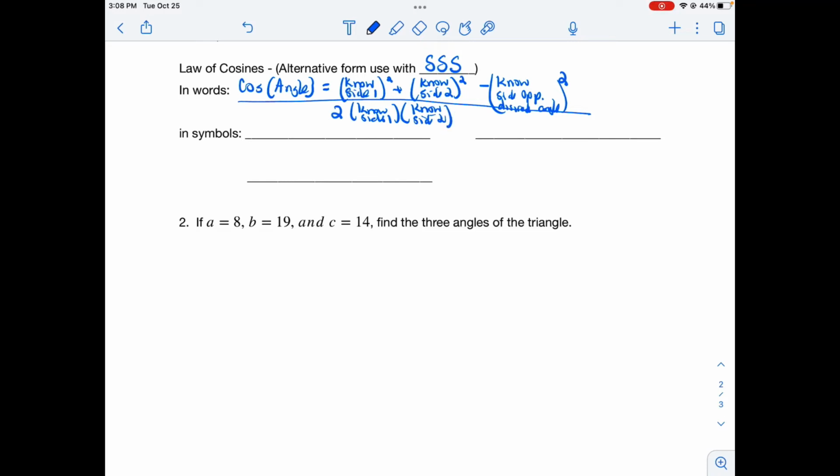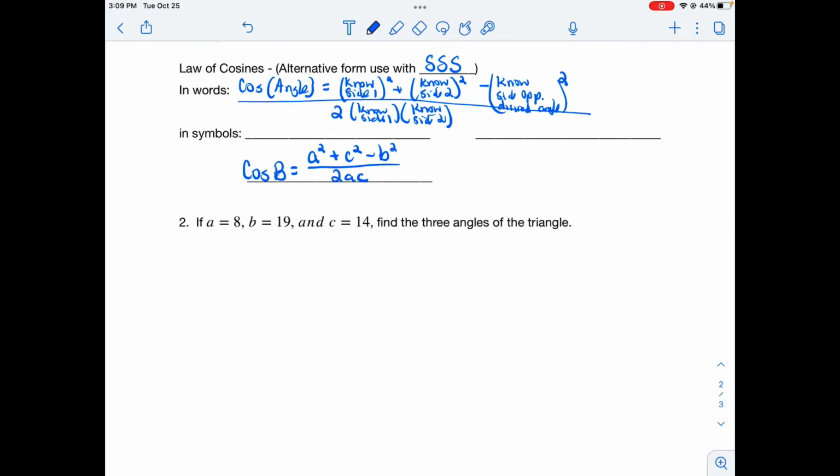Now, that divide sign should only be over the right-hand side of the equation. I drew it a little too long there. So let's put that in symbols. If I'm looking for angle B, then I would have A squared plus C squared minus B squared divided by 2 times AC.